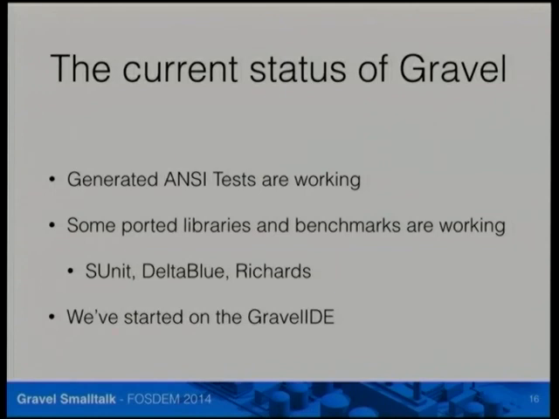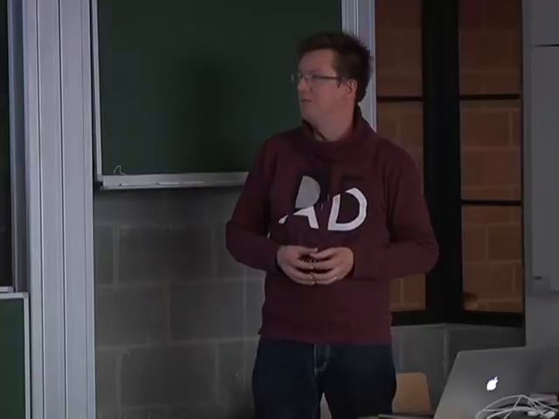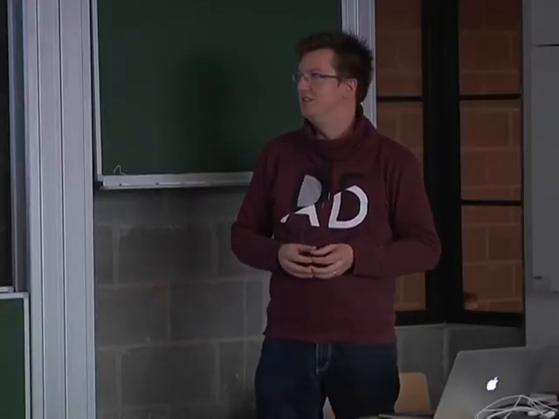That's actually a lie, because we don't have the file protocol tests working, and that's because the ANSI standard has a very weird thing about file protocols, and I think Squeak and VisualWorks also don't conform to the ANSI standard in that respect.